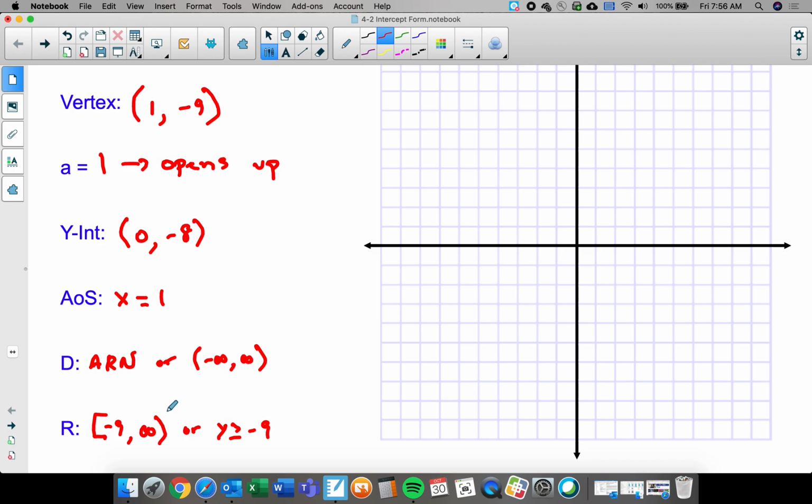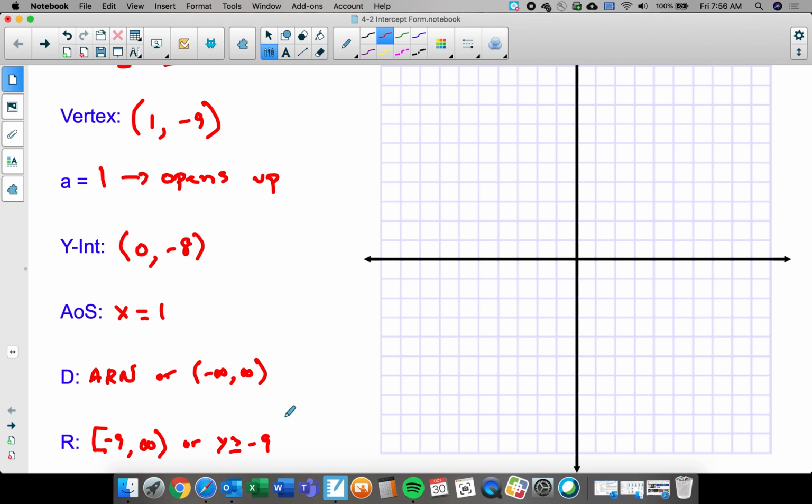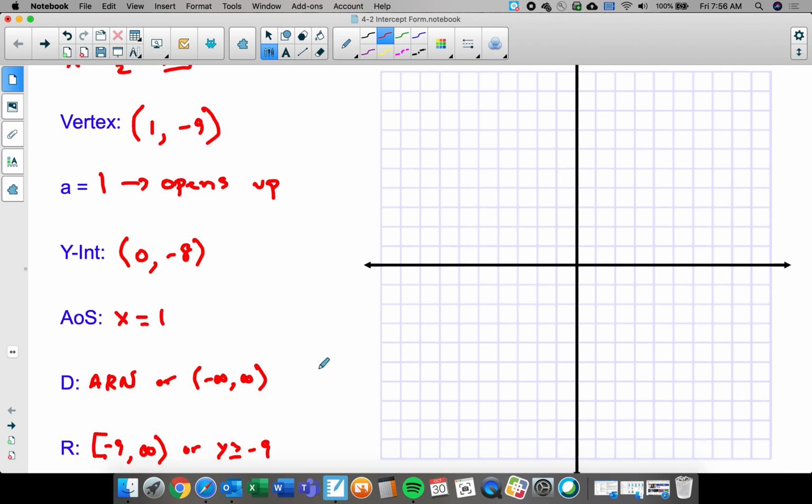They use interval notation. Okay, so let's go ahead and plot this. The vertex, first of all, is at 1, negative 9. So that is right here. I have a y-intercept of 0, negative 8. So that's right there. Remember, I can always use the a value to get the first set of points from the vertex.